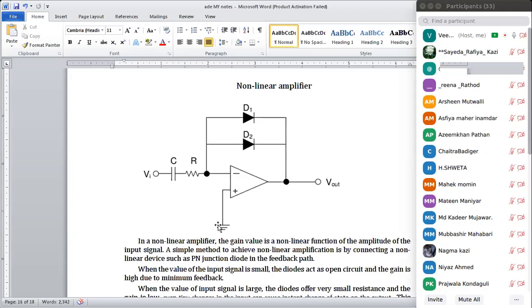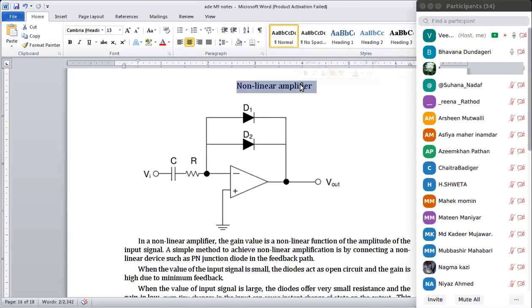Now, non-linear amplifiers. So why do we require non-linearity? Non-linearity is used in balanced bridge networks. Like if you have motors in an AC, then to make a balanced bridge, suppose take an example of a stabilizer.